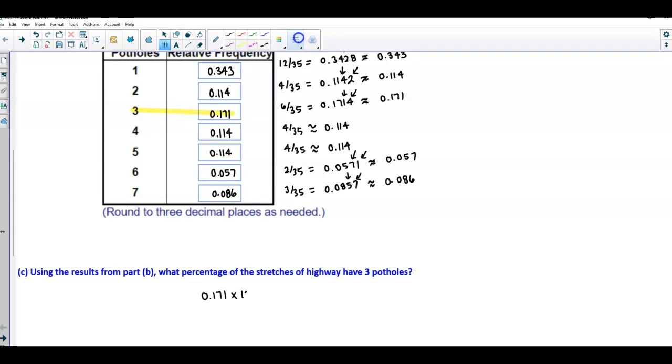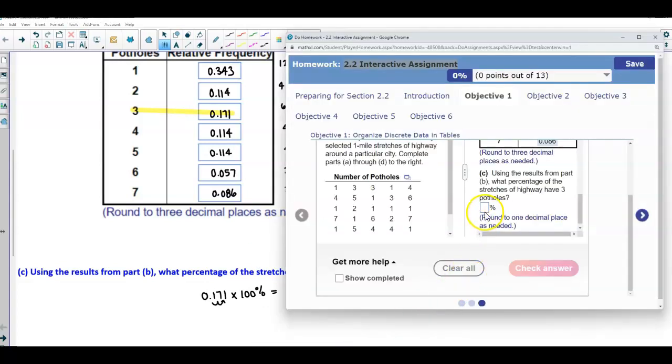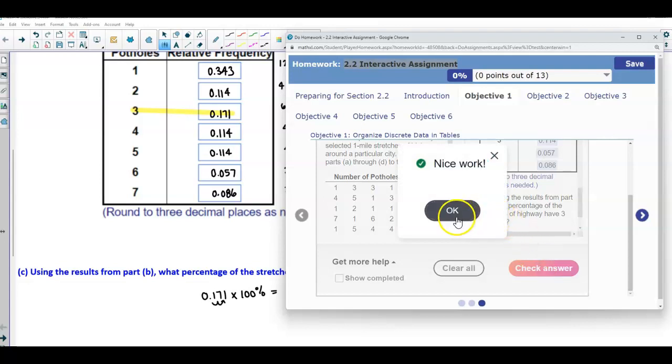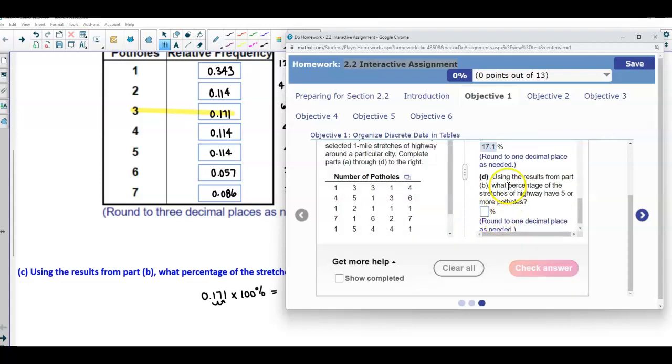We're going to multiply that by 100%, which means we need to move the decimal place over twice. So this is going to give us 17.1%. That means 17.1% have 3 potholes. Let's put that in there, 17.1. Let's check, and there's our answer.